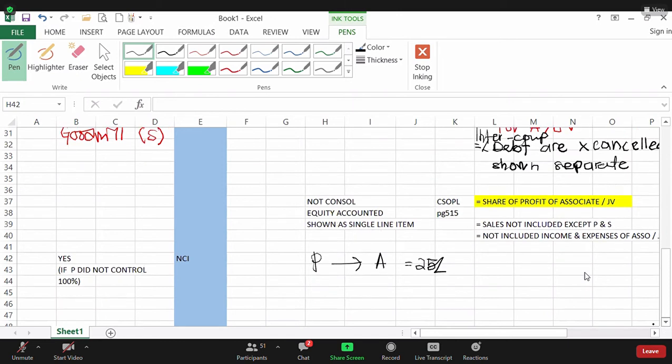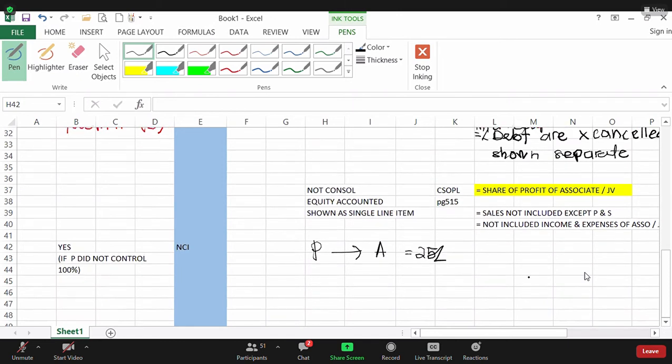I want everyone to think. So holding an NCI in the associate: 25%, correct? So can I set 75%? No. Non-controlling interest? No. What is the reason?